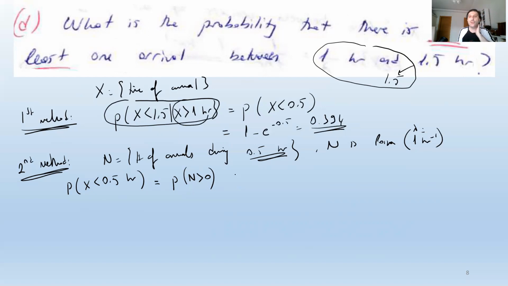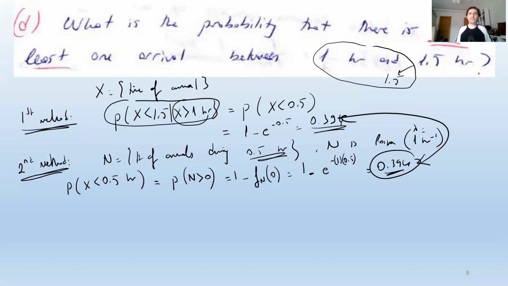This is simply equal to 1 minus f of n at 0, which is 1 minus exponential minus 1 times 0.5 if you write the Poisson distribution, and it's equal to the same value.